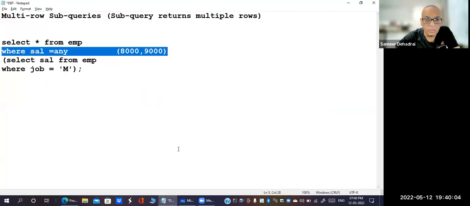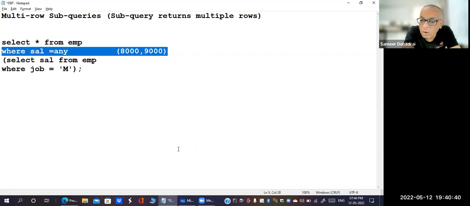Where sal equal to any one of them is one solution. A second solution: is there a more efficient way of doing this, students?